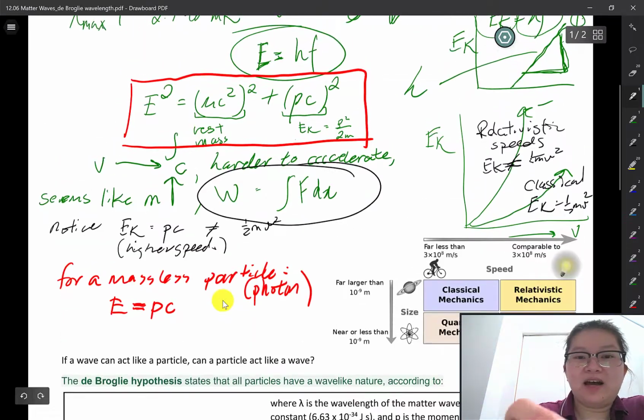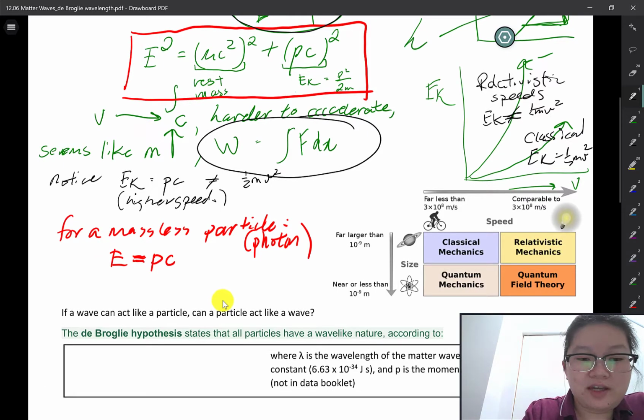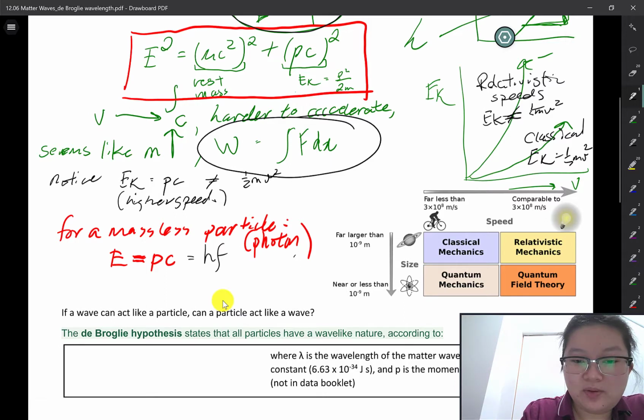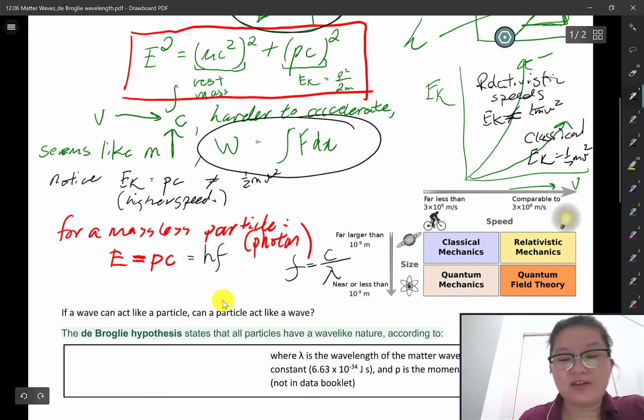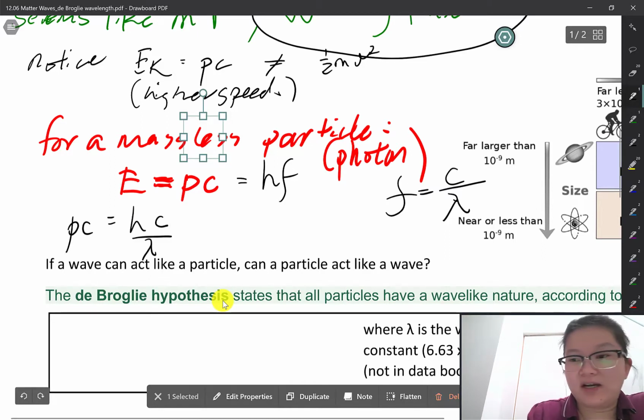Now, if we tie in the Planck-Einstein relationship, E equals hf, then we get something that looks like this. We also know that the frequency of the photon is the speed of light over the wavelength. So then this becomes pc equals hc over lambda, in which the c cancels out, and we are therefore left with p equals h over lambda.